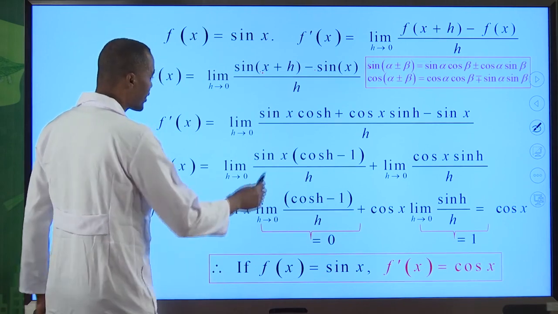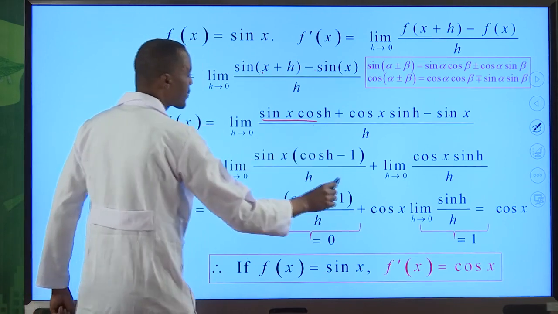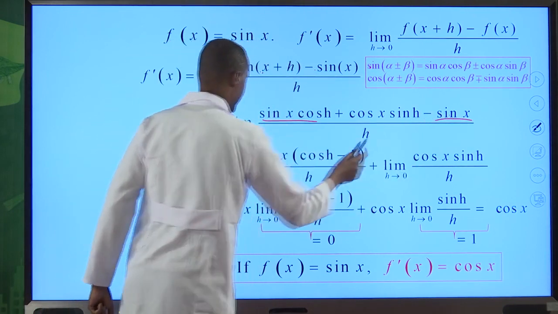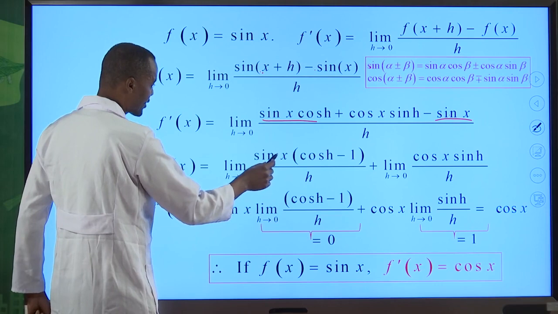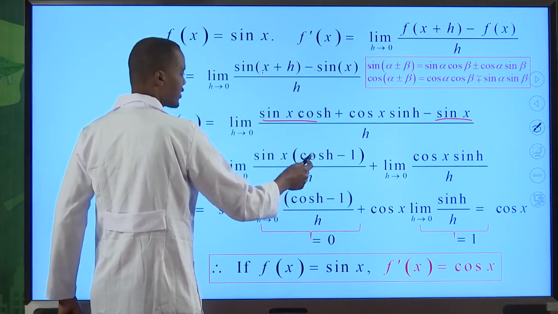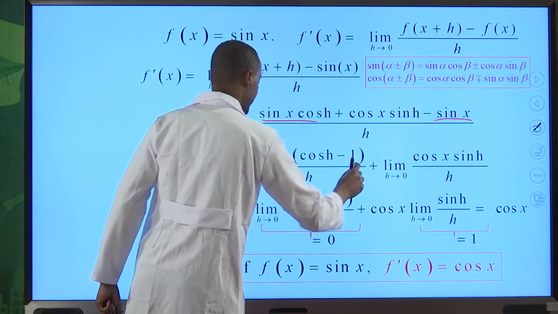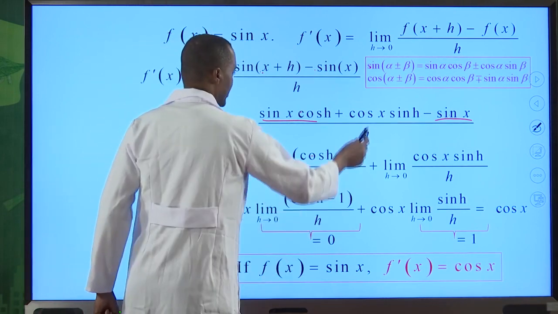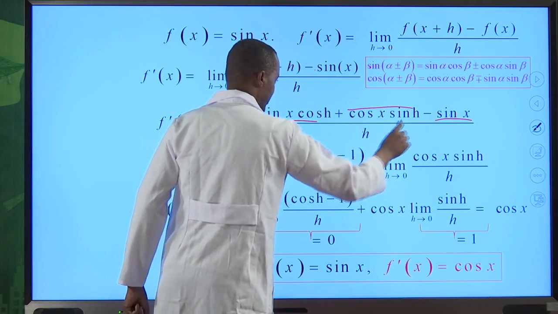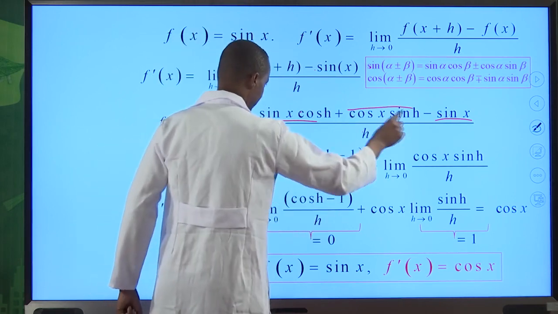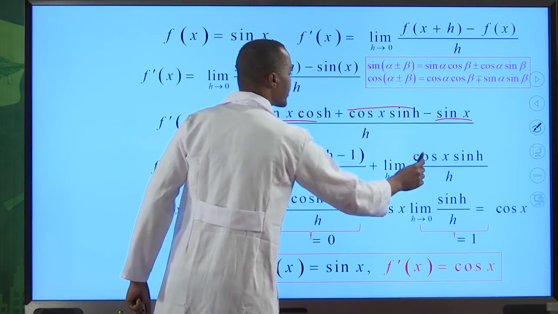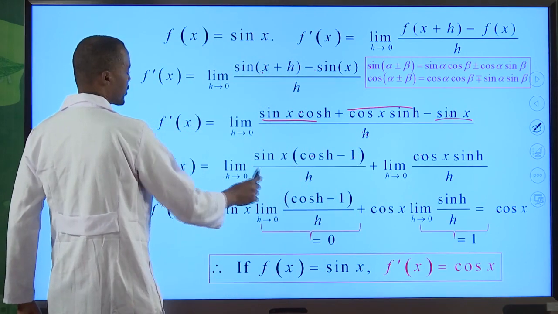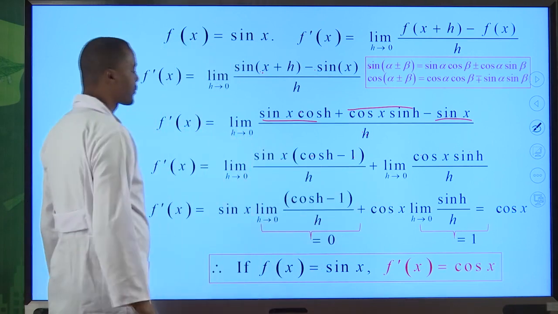Now I want to bring this term and this term together. They have sine x in common, and then I want to factor out sine x, into cosine h minus 1 over h. I'm left with the other two terms, I mean this one term cos x and sine h, that is cos x times sine h over h. Again, limit h approaches 0 for both of the cases.